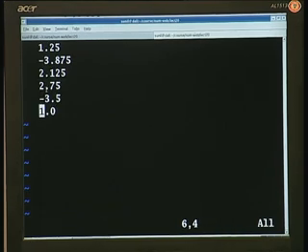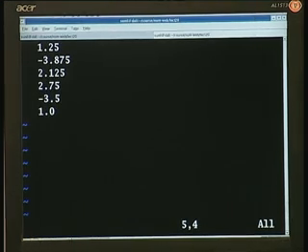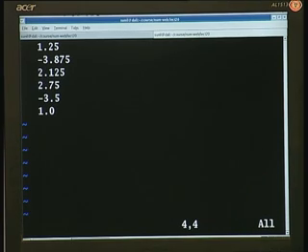Whose coefficients are A5 1, A4 minus 3.5, A3 2.75, A2 2.125, A1 minus 3.875 and A0 1.25, or in short it will be x to the power 5 minus 3.5 times x to the power of 4, plus 2.75 times x to the power of 3, plus 2.125 times x to the power of 2, minus 3.875 x, plus 1.25 equal to 0.